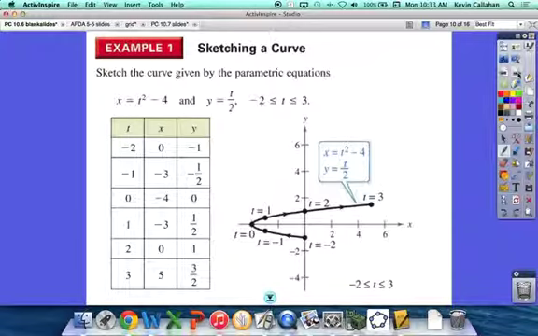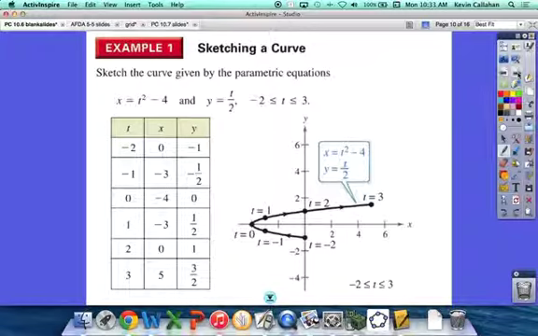Even when the slope is not the slope of a fixed line. Even when you're talking about things that are described by not y as a function of x, but parametric equations, x is a function of t and y is a function of t. So sketching a plane curve that's described by these parametric equations, you're going to have to make a table of values.